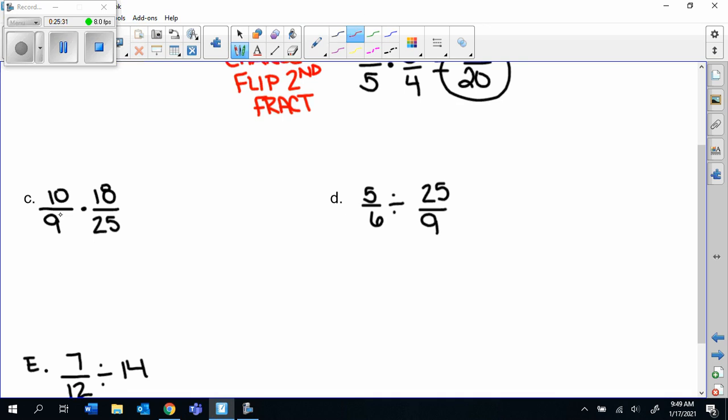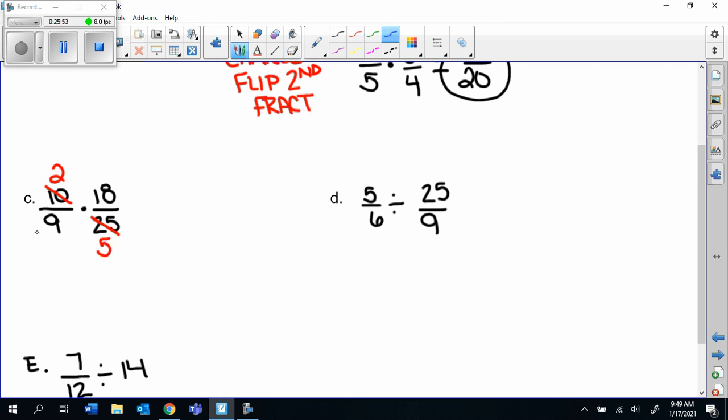All right, now we have somewhere there are some common factors. What factor goes into both 10 and 25? Both are divisible by 5. So if I divide 5 into 10, I get 2. If I divide 5 into 25, I get 5.